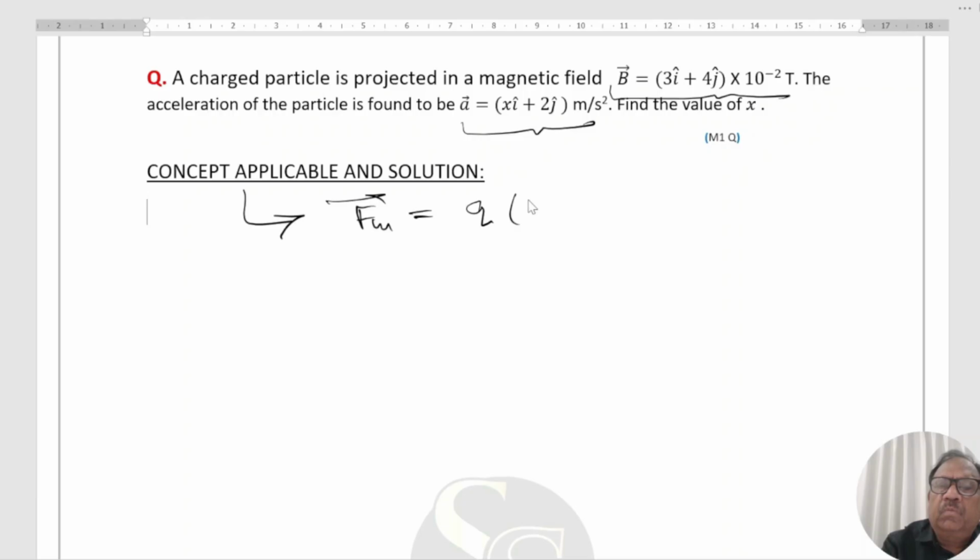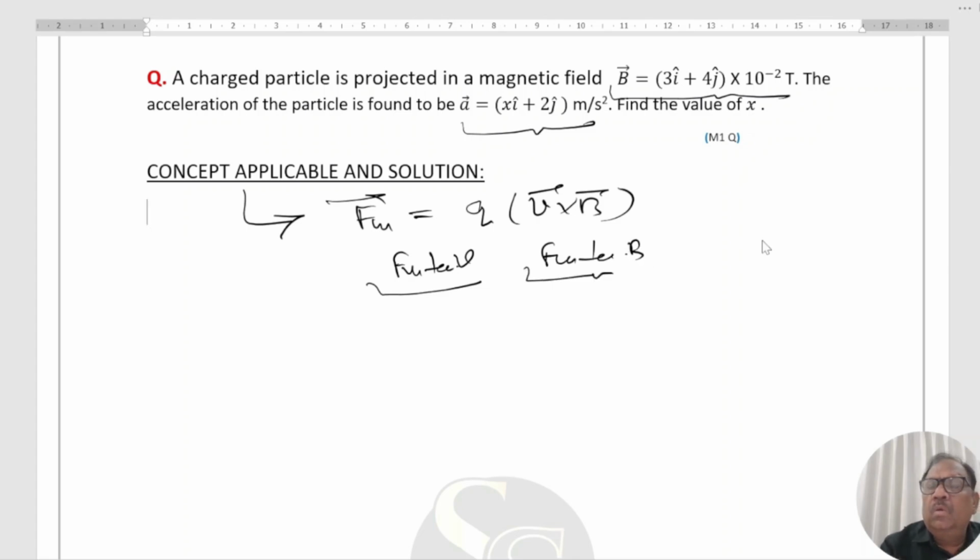The force is given by V cross B. Means Fm is perpendicular to V. You know A cross B, answer is C, another vector.